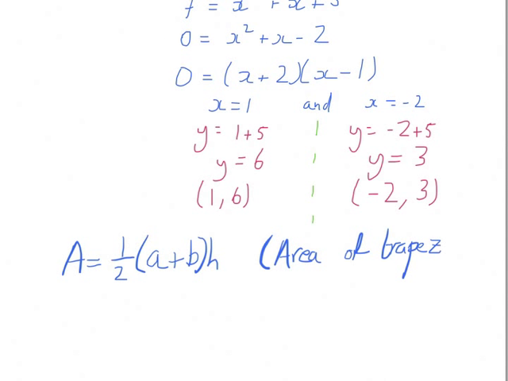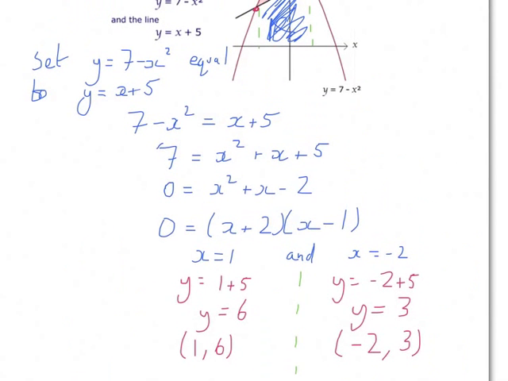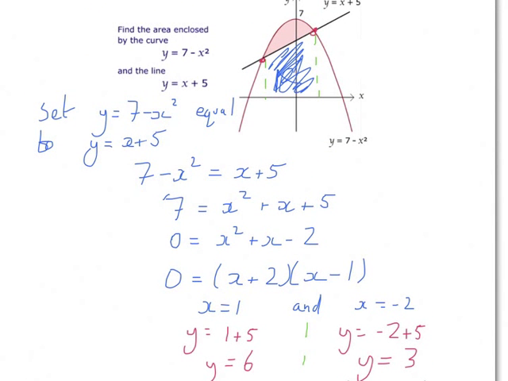We need to know what the A and the B are, which are the two parallel sides. If we look at our diagram, the two parallel sides are this and this. If we write down the two coordinates that we've just found, this one was 1, 6, and this one was minus 2, 3. What represents the parallel lines?